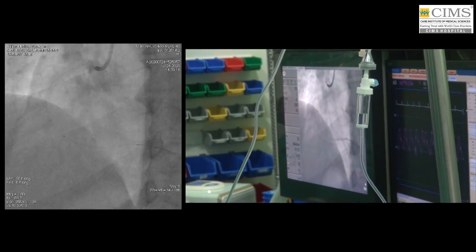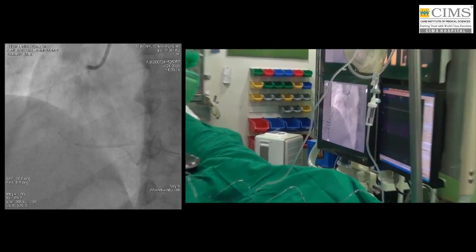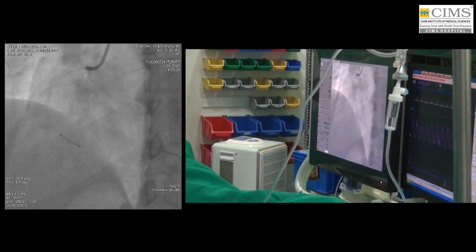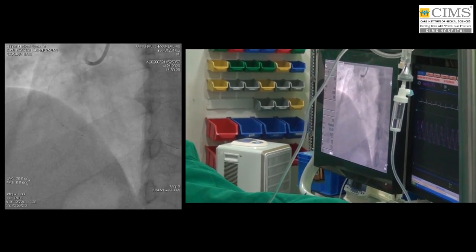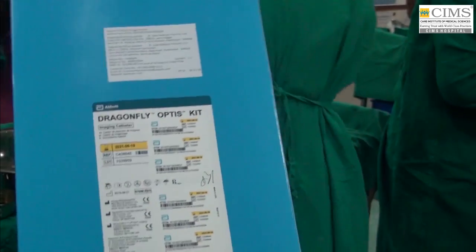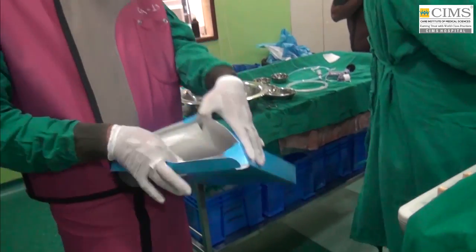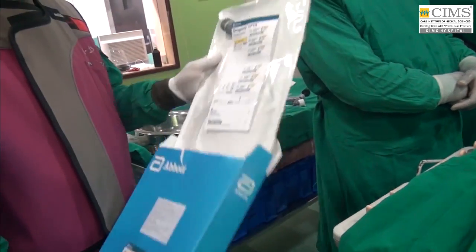Now we are opening the Dragonfly Optis kit. But before we open the kit, let us pre-dilate this lesion with a 2 millimeter balloon, so that the entry of the OCT catheter is smooth.